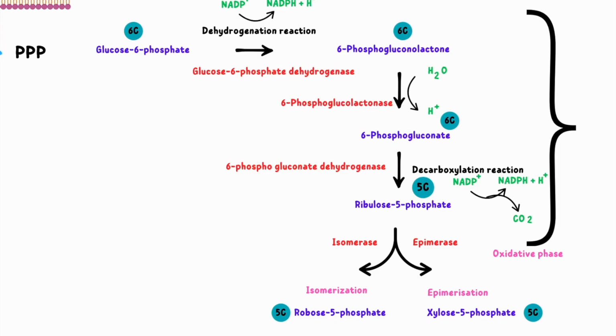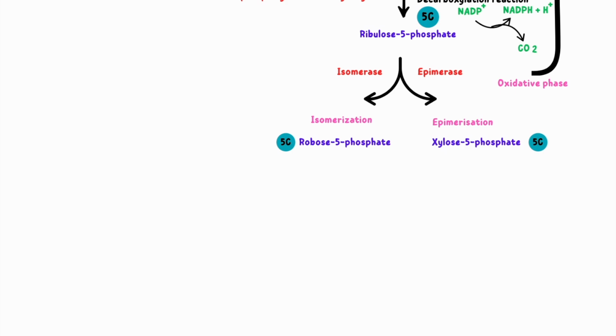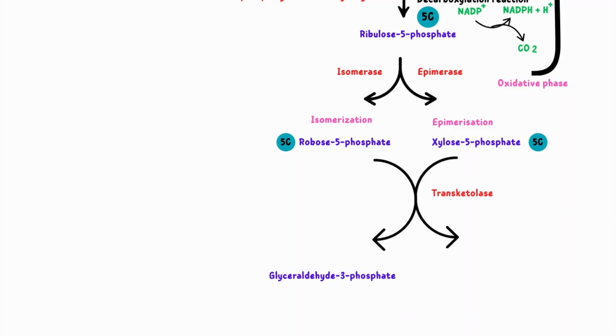Now let us go to the subsequent reactions, where again the ribose 5-phosphate, please ignore the spelling mistake, and xylulose 5-phosphate will rearrange with the help of the transketolase enzyme and convert into glyceraldehyde 3-phosphate and sedoheptulose 7-phosphate.